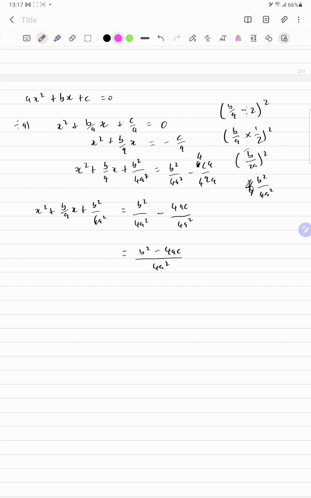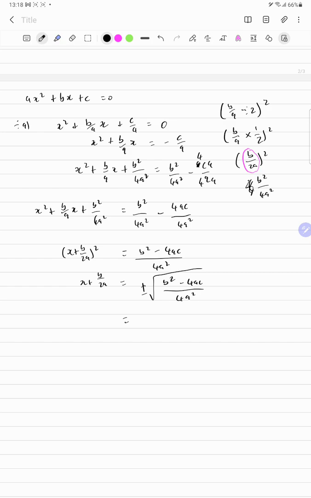This was the factor I squared. So I know that this is going to factor beautifully into a square with side length x plus b over 2a. So x plus b over 2a, squared, is equal to b squared minus 4ac over 4a squared. Therefore x plus b over 2a is equal to plus or minus the square root of b squared minus 4ac, all over 4a squared.